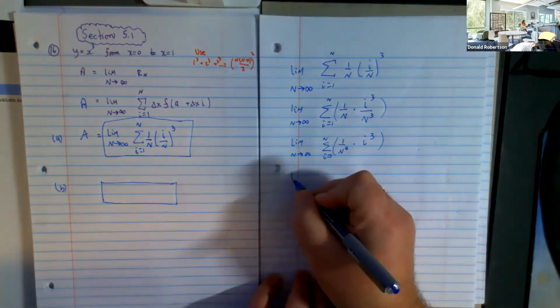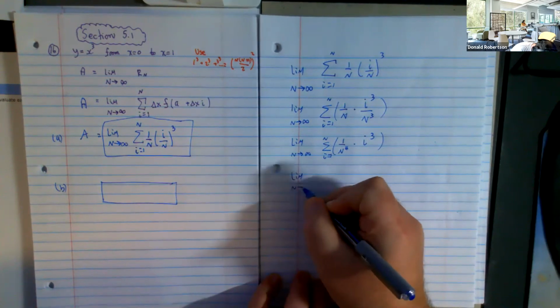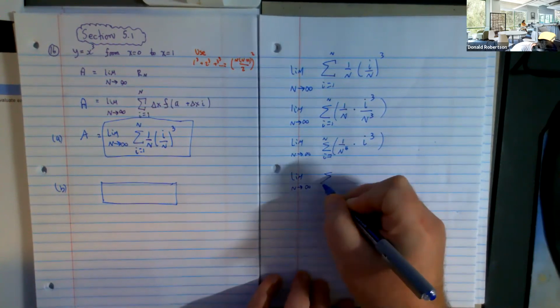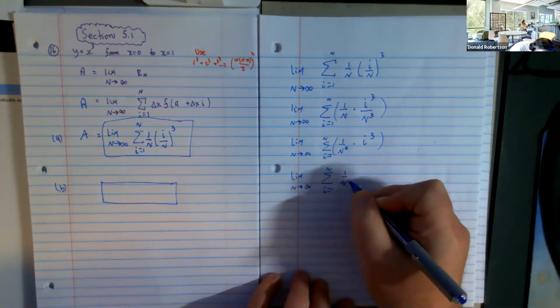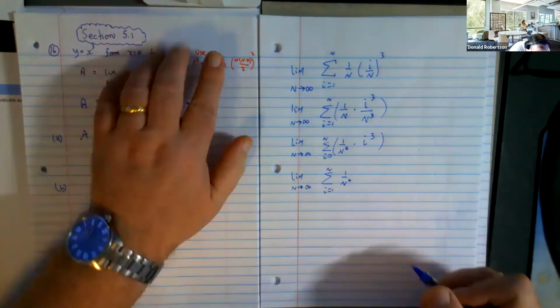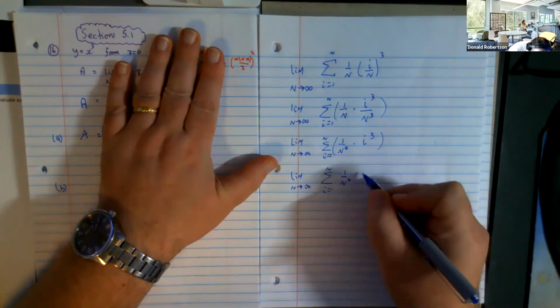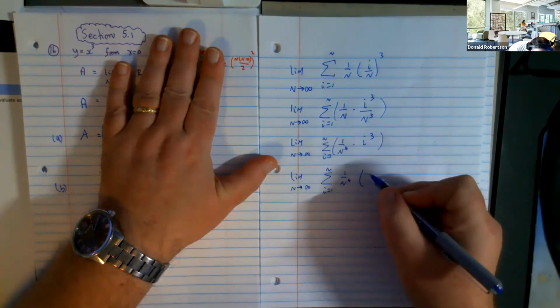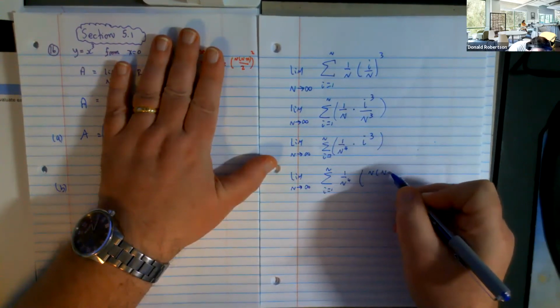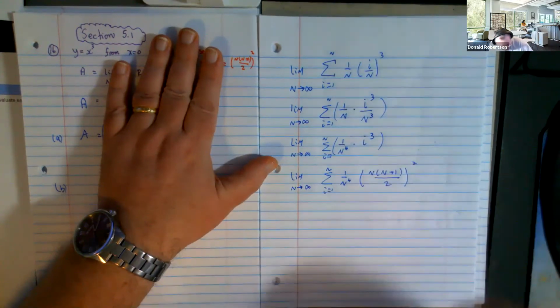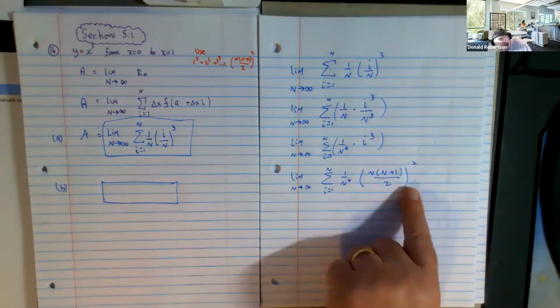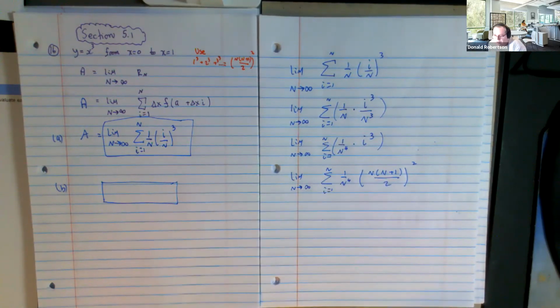Now, what's next? Well, they tell me in the question that I can replace this sum of i cubed by n times n plus 1 all over 2, squared. The reason I wrote it this way is because I think it's a little bit easier to see what's going on when you separate it.